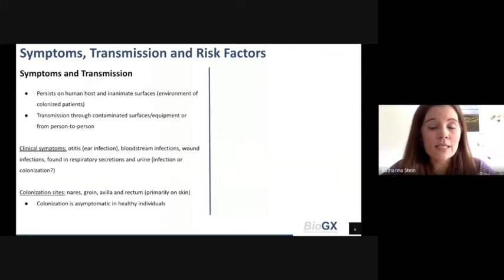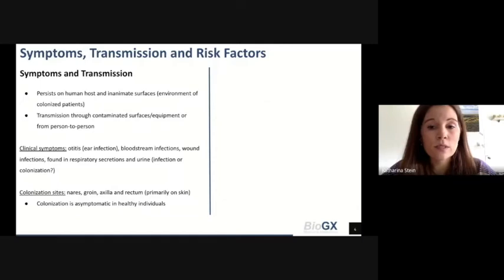And once it colonizes the patient's skin, the colonization is actually quite persistent and it can go on for many months. And studies have shown that it also can survive on surfaces for up to 1 month. So therefore, transmission is usually through contaminated surfaces or equipment, but it can also be transmitted through person-to-person contact.